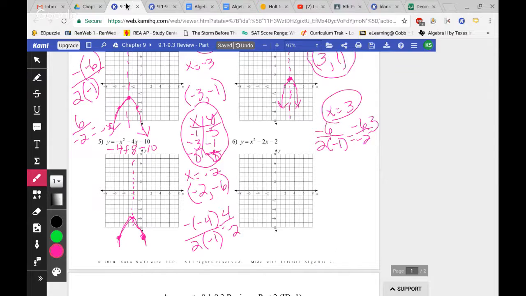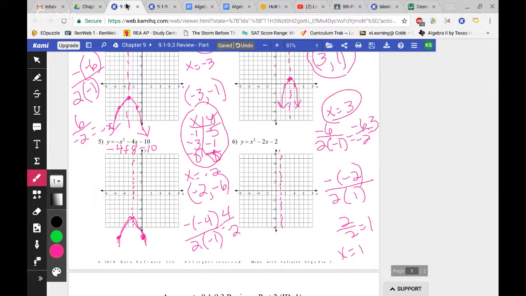And then the last one. So the opposite of b, the opposite of -2, all over 2 times 1. So that's going to be 2 over 2, which equals 1. So my axis of symmetry is 1.